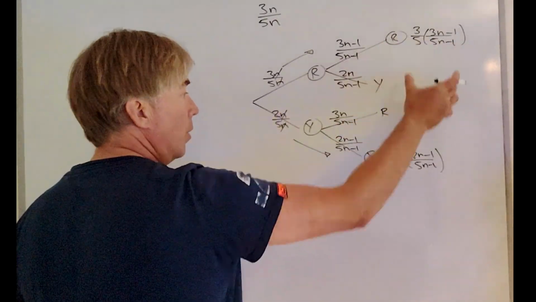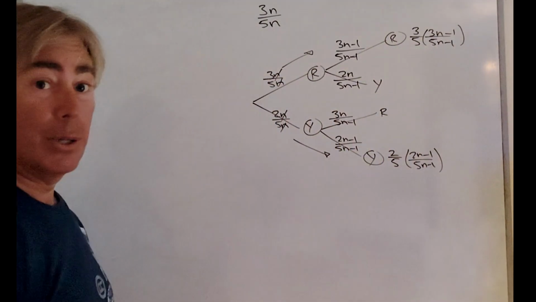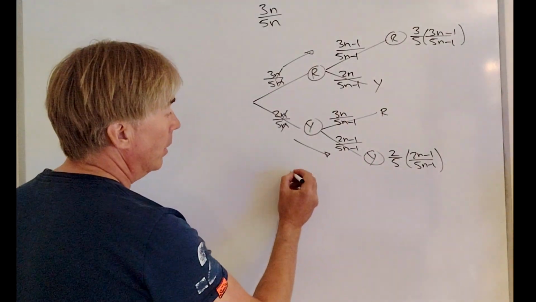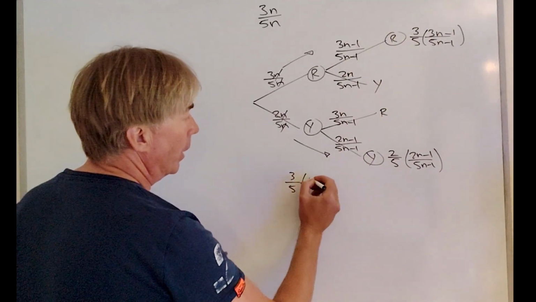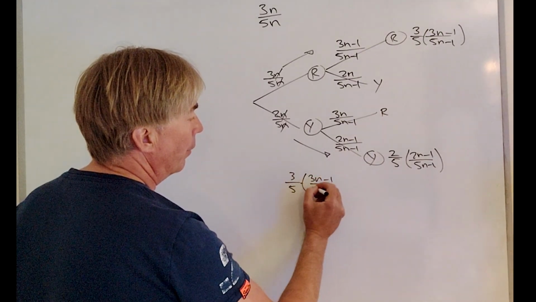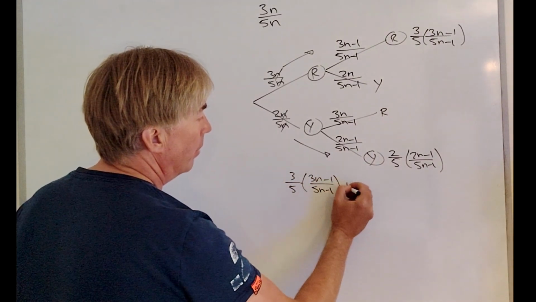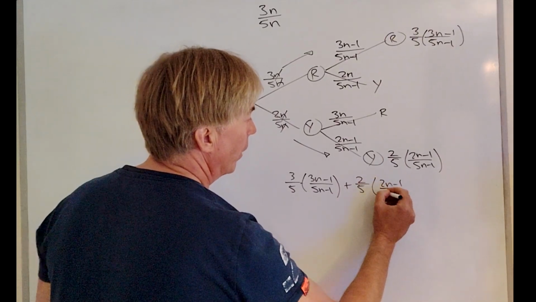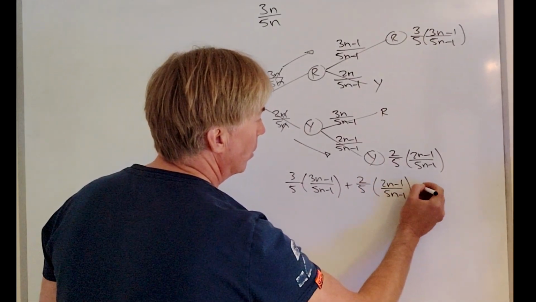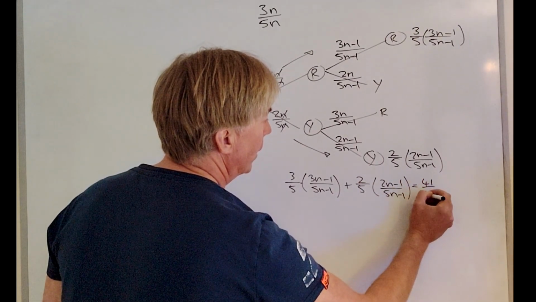Because we have a this or this situation, we're going to add those two probabilities together. So we get 3/5 multiplied by 3n minus 1 over 5n minus 1, plus 2/5 times 2n minus 1 over 5n minus 1. And we are told in the question that that's 41/80.